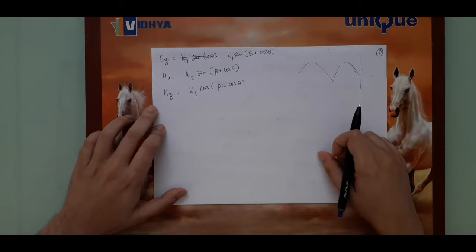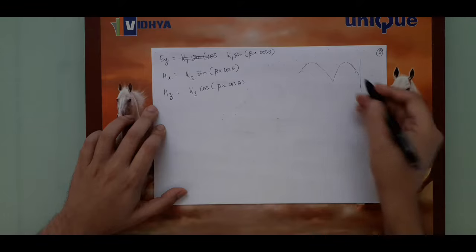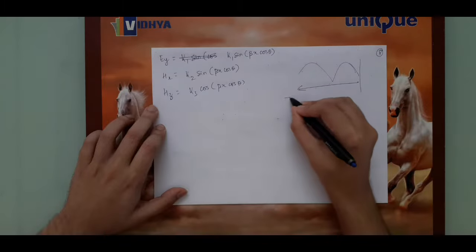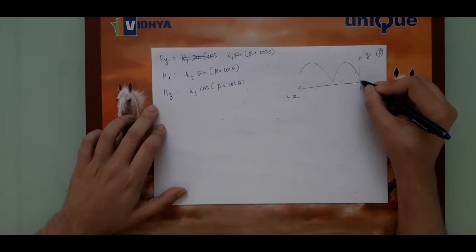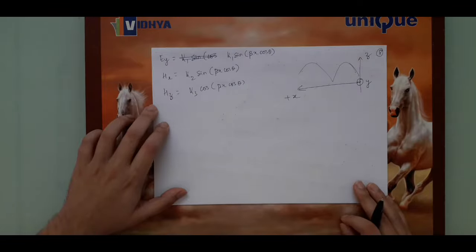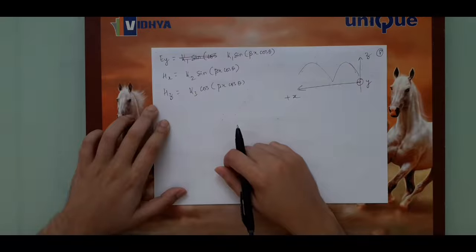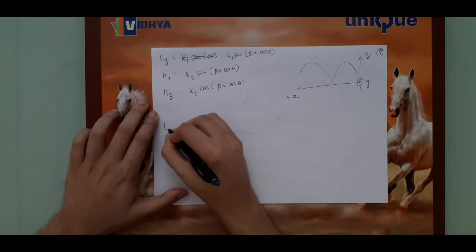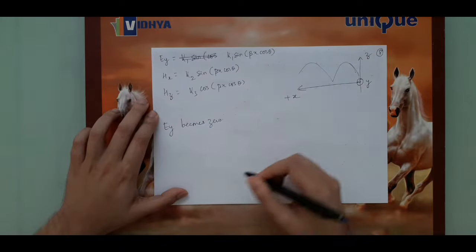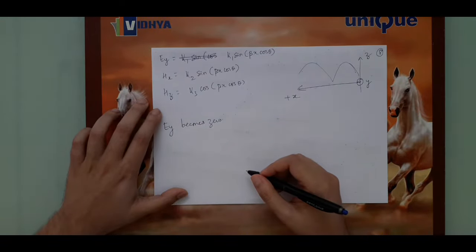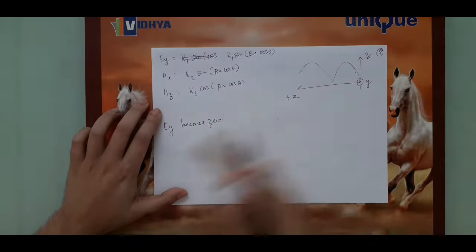So now let us say this is the x-axis, this is the z-axis, and this is the y. When does Ey become 0? So we had said Ey becomes 0 at certain points along x.